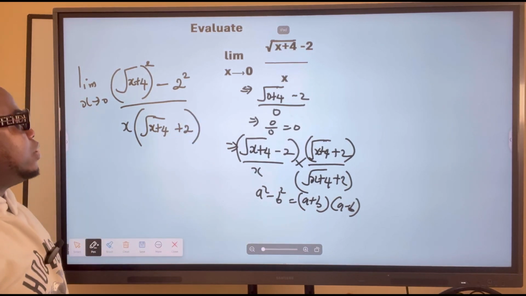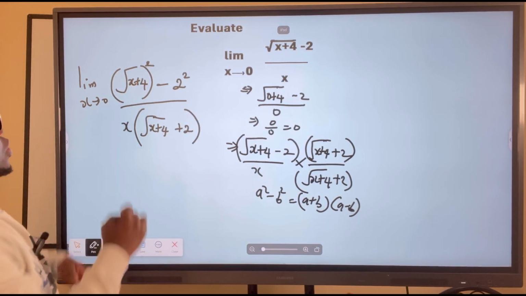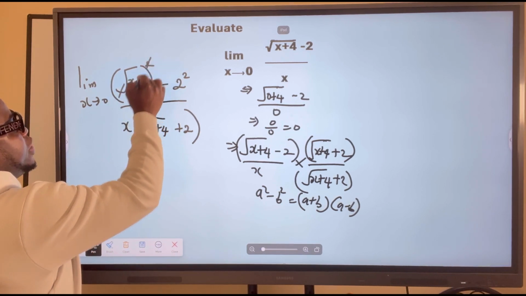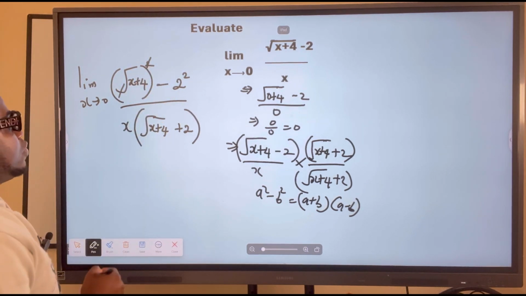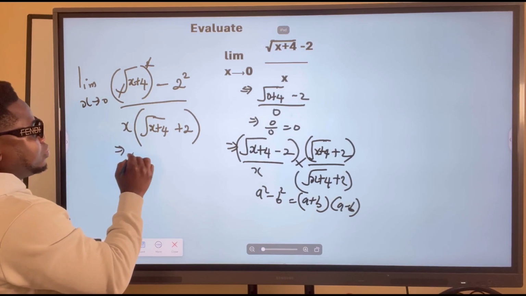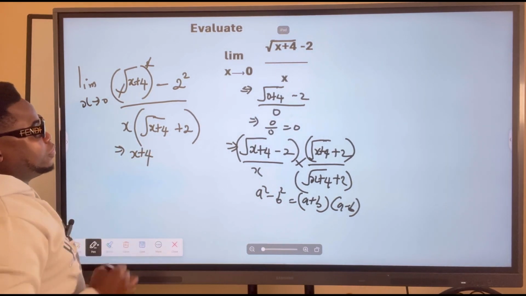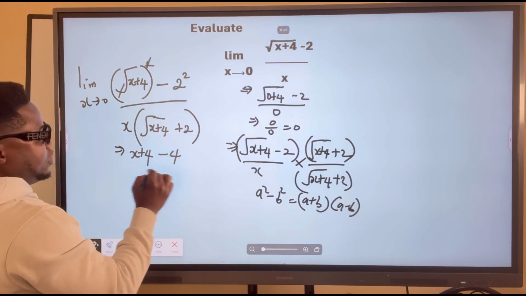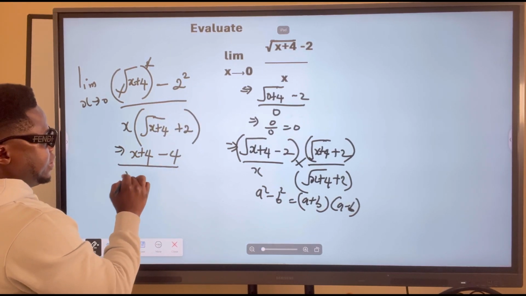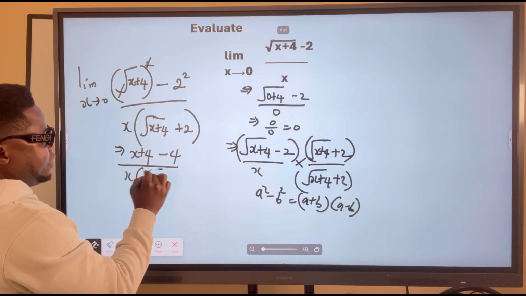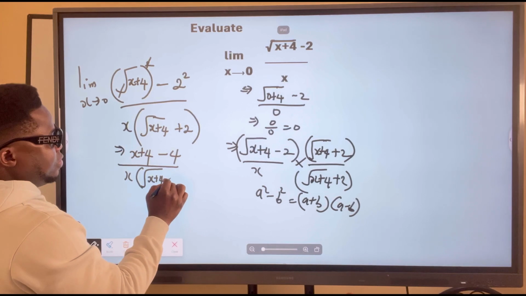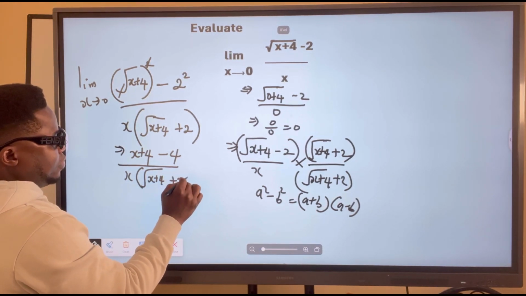Now going further, this square root is going to cancel this square. So I'm going to have x plus 4 minus 2 squared, which is 4, divided by x brackets square root of x plus 4 plus 2.